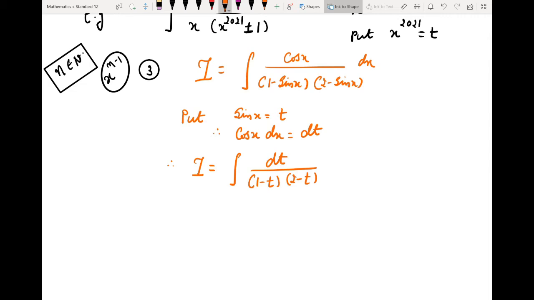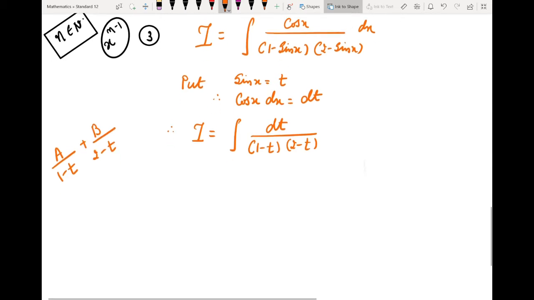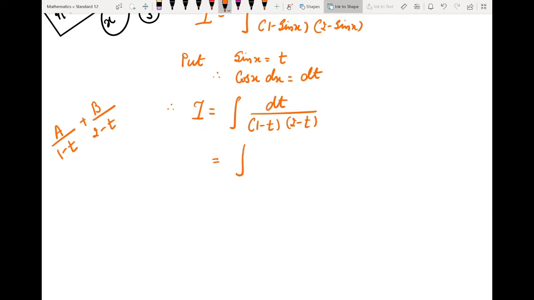One method is partial fractions, a upon 1 minus t plus b upon 2 minus t, or the second is arrangement of the numerator with the help of the denominator. By practice you will easily get the idea of how to write the numerator with the help of the denominator. Check this arrangement: 2 minus t minus 1 minus t, dt. When we expand, 2 minus t minus 1 minus minus plus, so t cancels, and the numerator is 1.